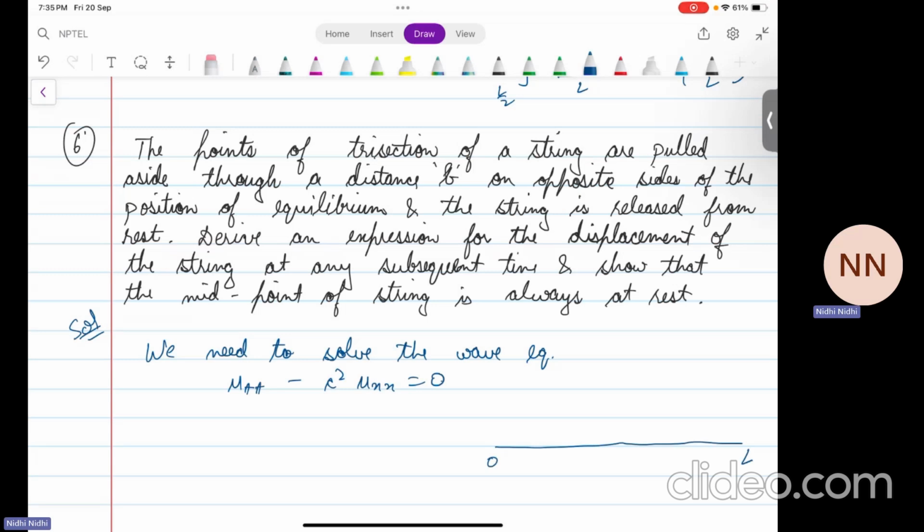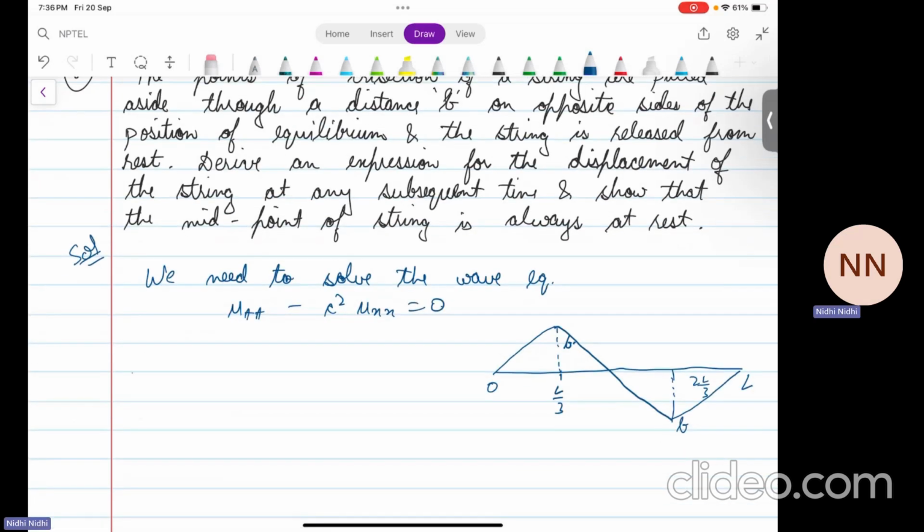It says that at the points of trisection, L by 3 and 2L by 3, the string is pulled a distance of b in opposite directions. So the string is something of this form initially.